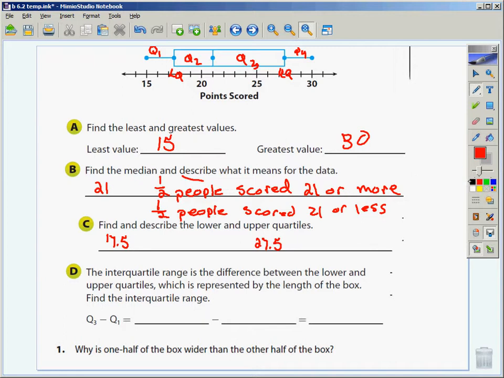It also says to do what with them? To describe it. What does this 17.5 represent? One-fourth of the people have a score of 17.5 or less.